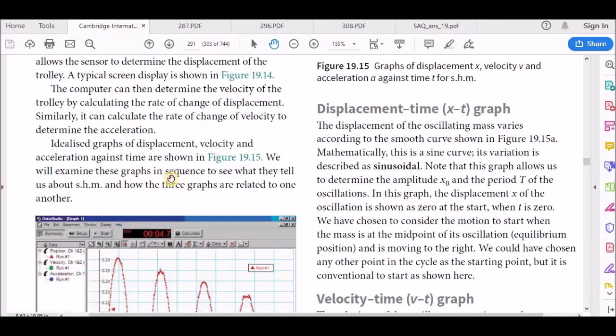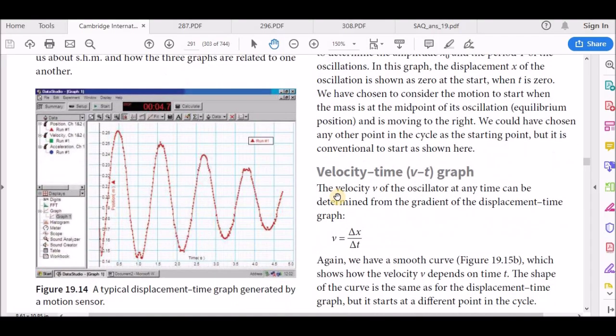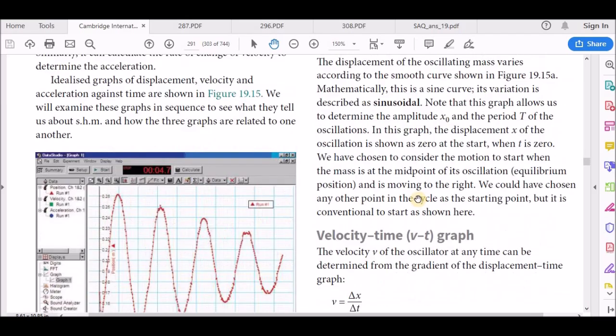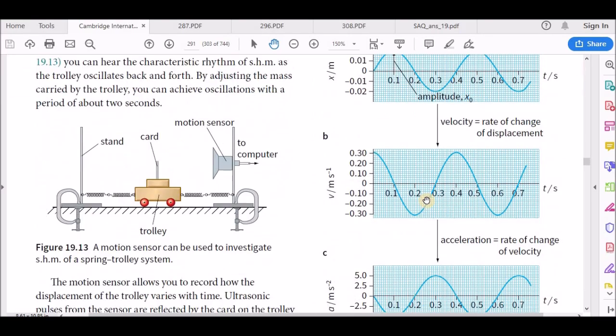We will examine these graphs in sequence to see what they tell us about simple harmonic motion and how the three graphs are related to one another. A typical displacement-time graph is generated by a motion sensor, and using the computer we can get these other graphs.